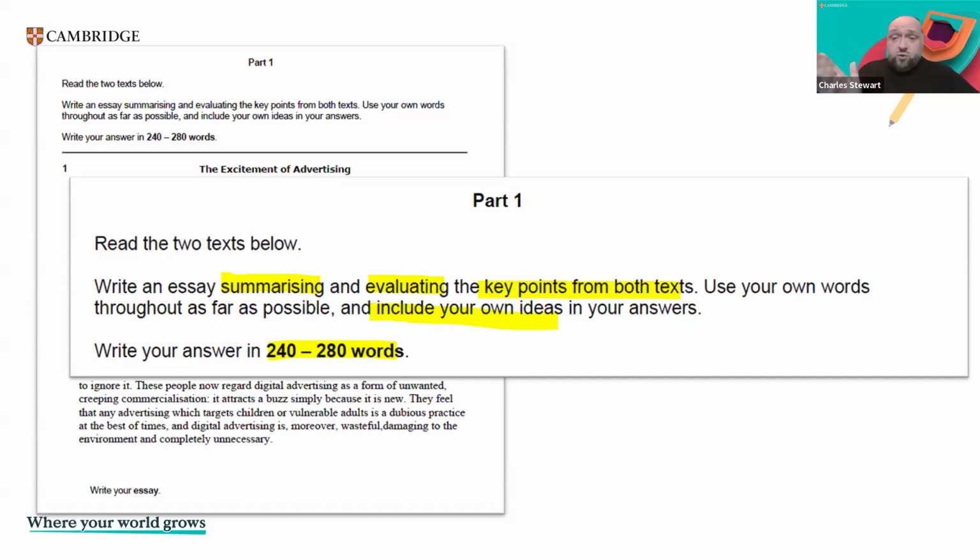But if you go over 280 words, be careful with this as well, because you're more likely to repeat yourself, which will have a negative effect on your score. You're also more likely to make mistakes as well. Therefore, be very mindful in part one, 240 to 280 words.